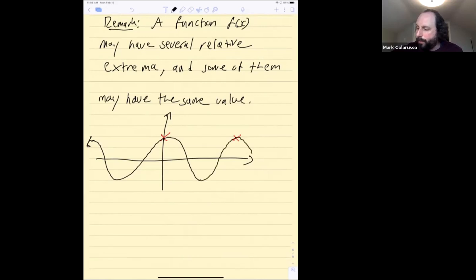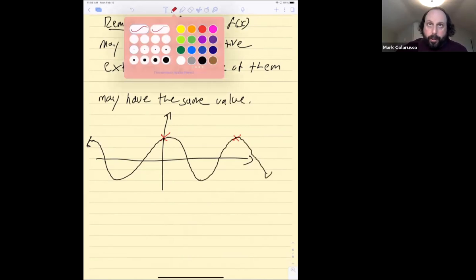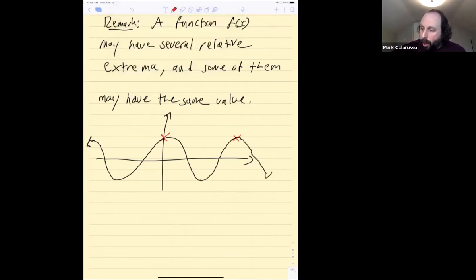There we go. Okay. So like I was saying, with this kind of wave-like function, you have a relative maximum here and another one here. But you also have a relative minimum here and a relative minimum there. And these are relative minima that have the same values.